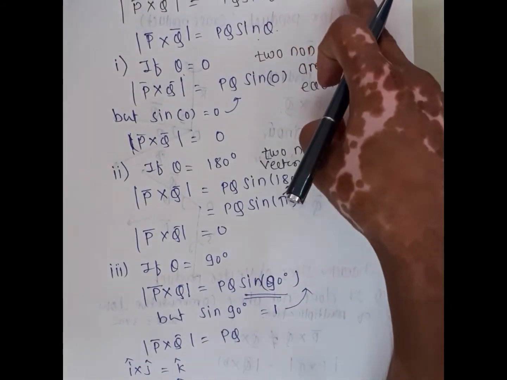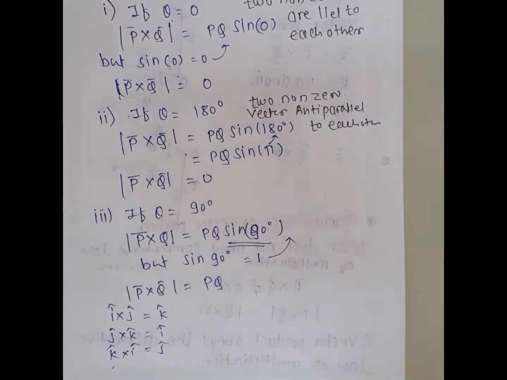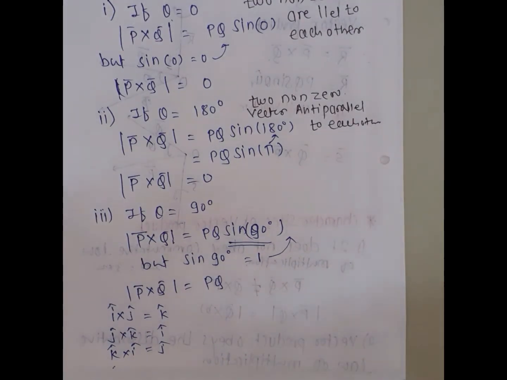So this is the third characteristic of vector product, and there are some special cases related to that, special cases of cross product. The cross product we also call the vector product.